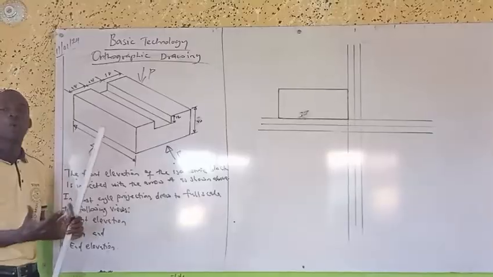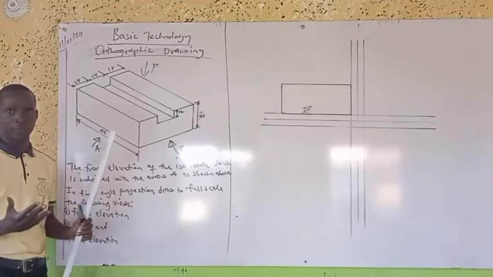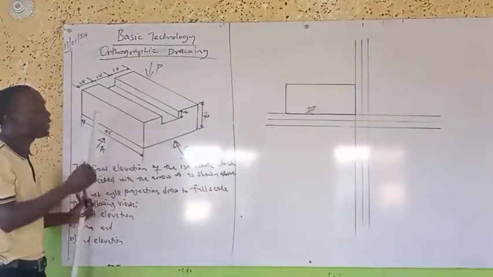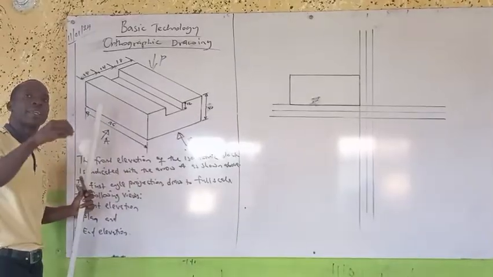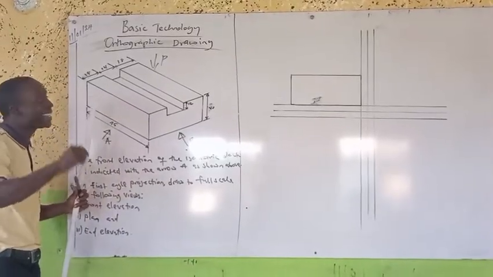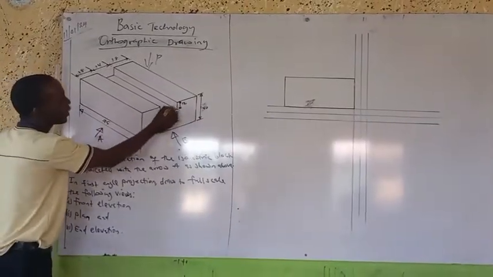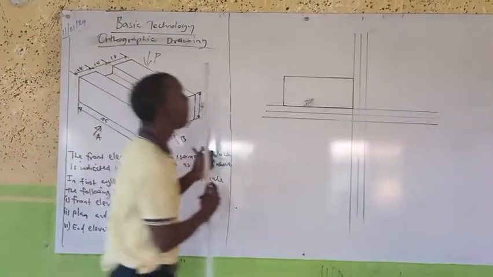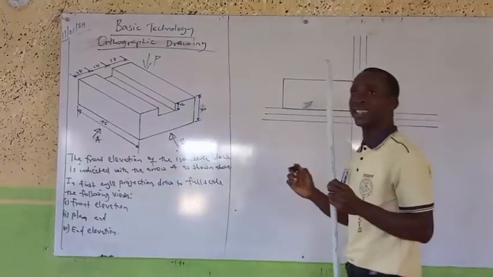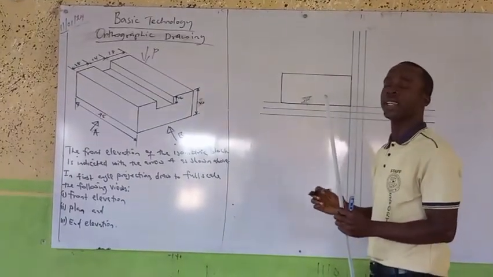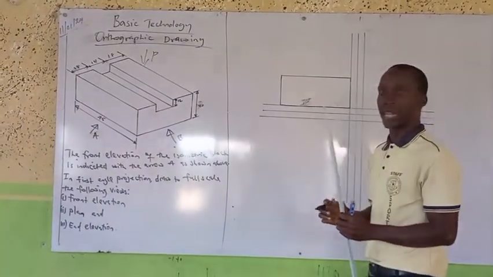Because it is hidden, we call it hidden detail. So in orthographic drawing, you have to indicate that there is a hidden detail. The depth from this point to this point is actually 12. Therefore, you have to measure it out. So hidden details are indicated using short dashes.